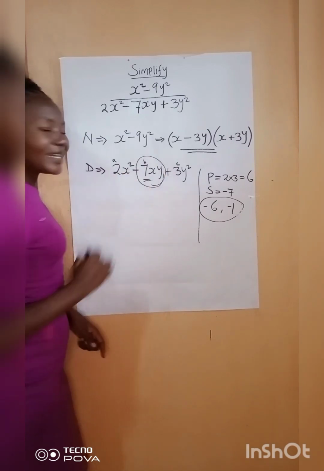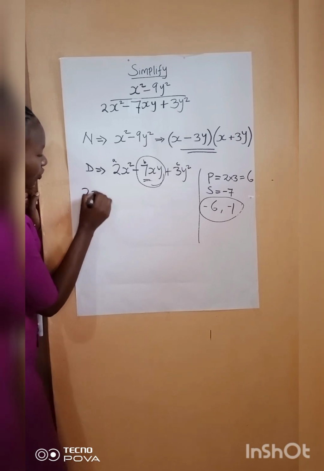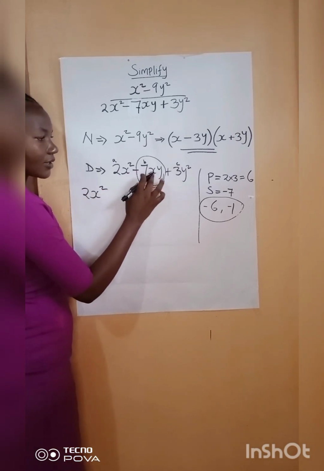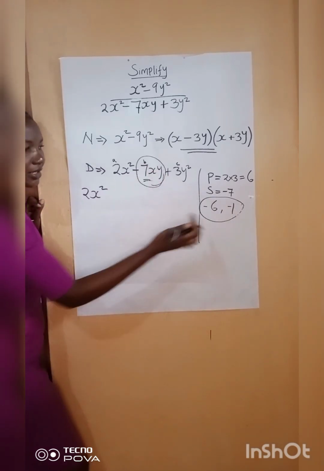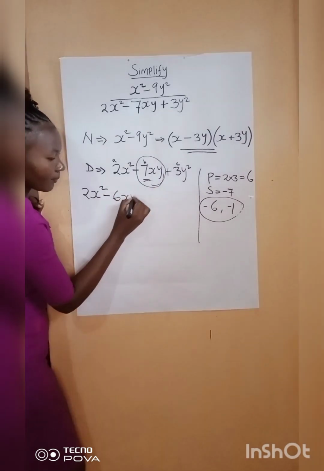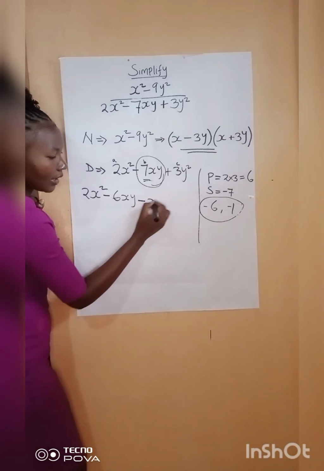Now these two numbers will replace our b here. They are going to replace the middle number, and this is what we are going to have, 2x squared. Now instead of writing minus 7xy, I write these two numbers, but xy must remain. So I'm going to have minus 6xy. Then the other number is minus 1, so minus 1xy.